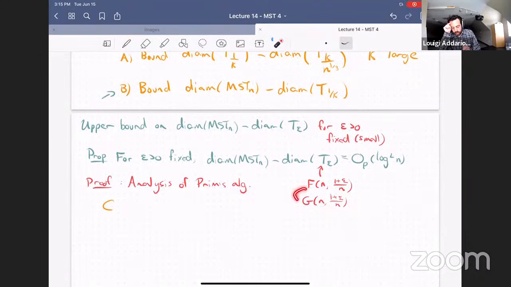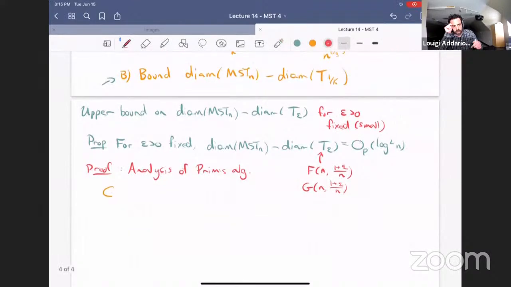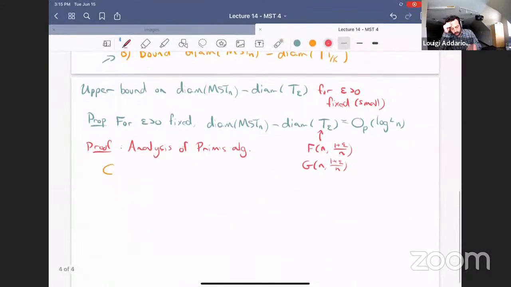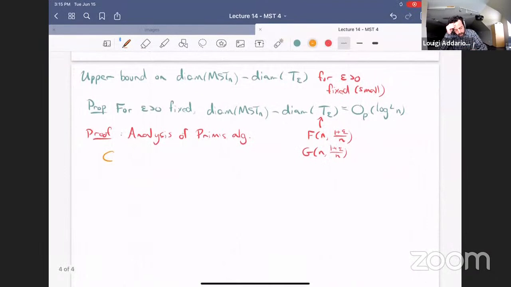So I want to condition on the structure at this time, and then do my analysis conditional on the structure. So we're going to condition on G(n, (1 plus epsilon) over n), and then run Prim's algorithm from an arbitrary starting vertex.